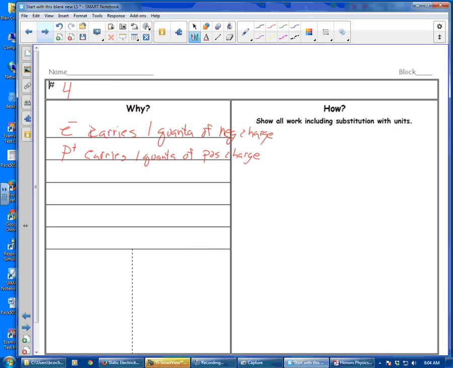I might even go as far as, since the shirt has a negative net charge, there must be more electrons than protons.